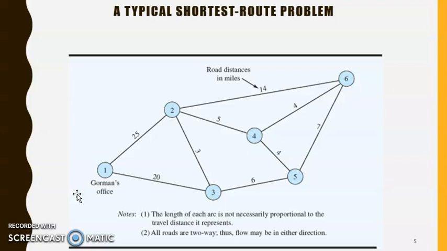And when you are working with a network, you must specify from where to where. But here the values are fixed, my friends, because the values are distance.